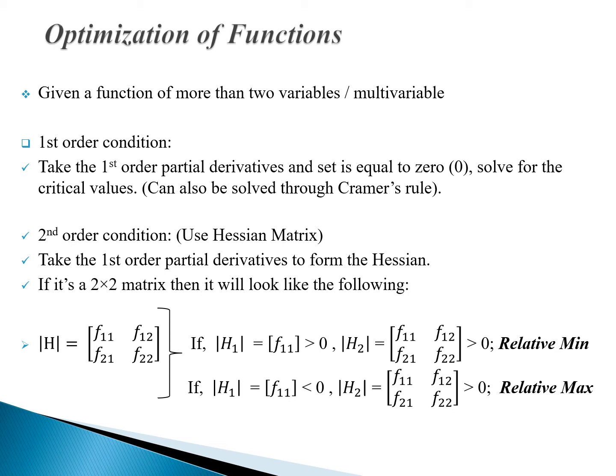If H1, that means the first principal minor F11, is greater than 0, and H2, that means the whole matrix, which is considered the second principal minor, is greater than 0, that means both are positive in nature, then the function is at its relative minimum.